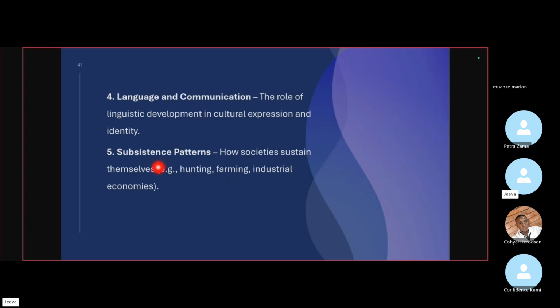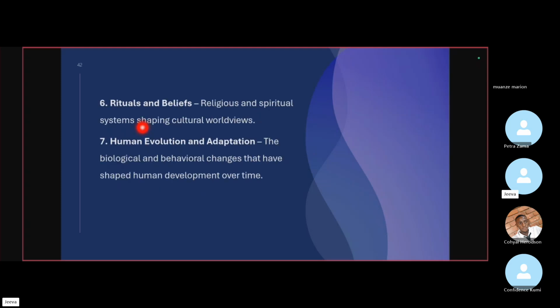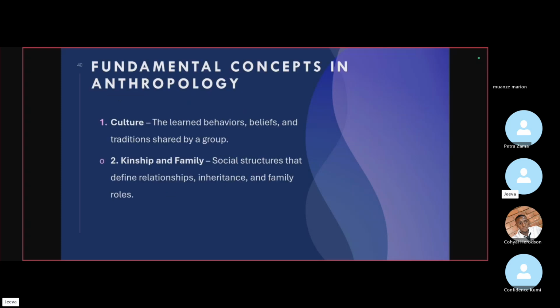Then subsistence patterns, like how a community sustains itself by hunting, farming, or working in industrial aspects. Then different rituals and beliefs of different communities, which also shape cultures worldwide. Then human evolution and adaptation, like the various biological or behavioral changes which shape human development over time. So these are the various fundamental concepts which come under anthropology and sociology.